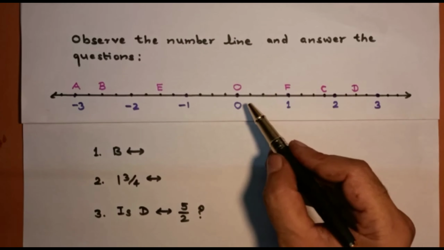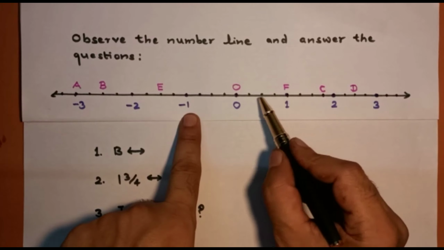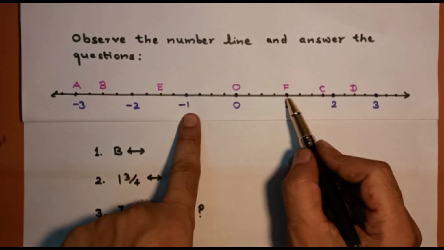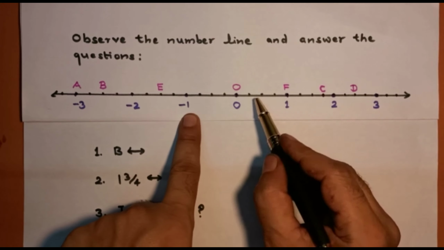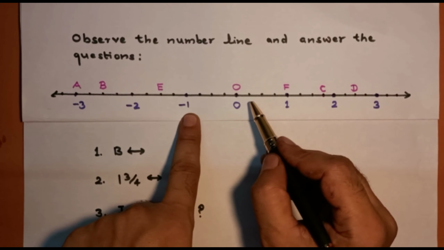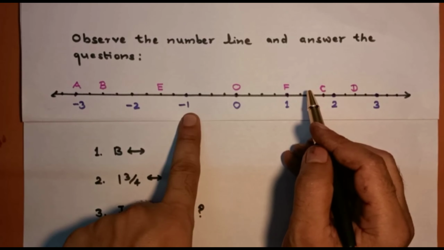You can see between two consecutive integers there are 4 divisions. That means your denominator will be 4 and the 4th point will be 1, and each division corresponds to 1 upon 4. So the right hand side will be positive numbers.